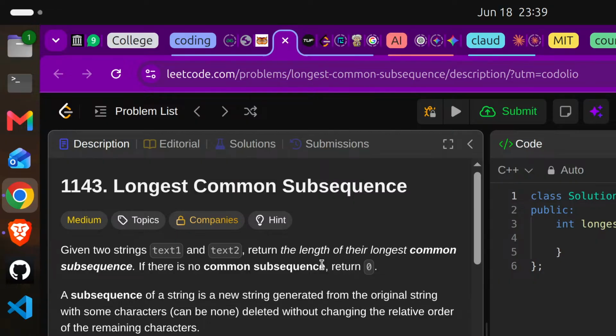And maxi is initially 0. Alright. Return maxi, right? I think it will work.